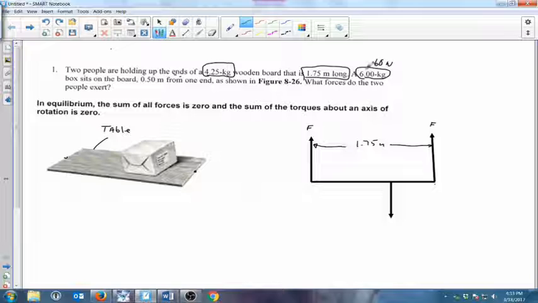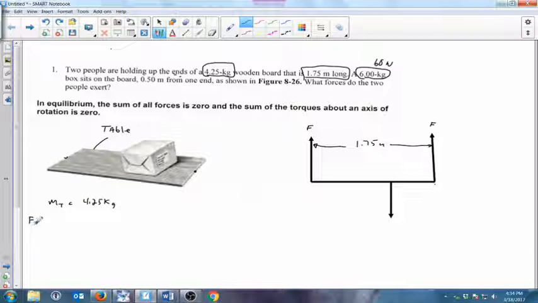Okay, now I'm going to write this down by the way. The mass of what I'm going to call the table, so as not to confuse it, is equal to 4.25 kilograms. Now, since we're talking forces, we know that mass is not weight, and a force is weight. So I've got to convert this to a force if I want to know the weight. I'll put it right over here.